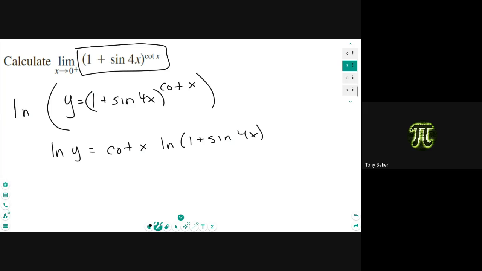What's cotangent? Cosine over sine. What's an easier way to write that? 1 over tangent. So I've got ln of 1 plus sine 4x over tangent of x.